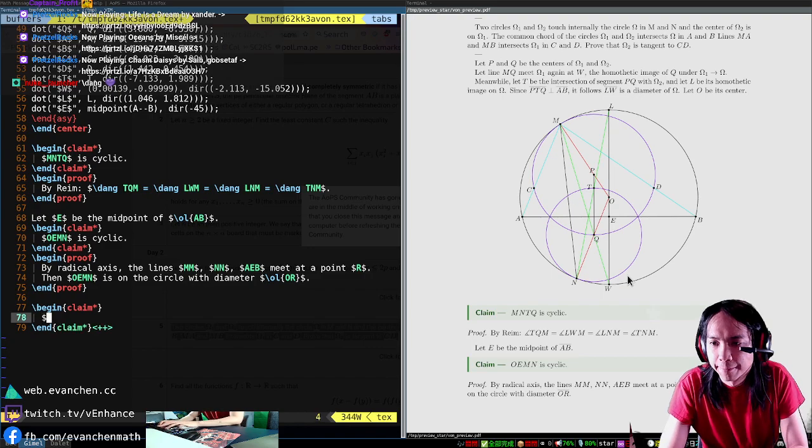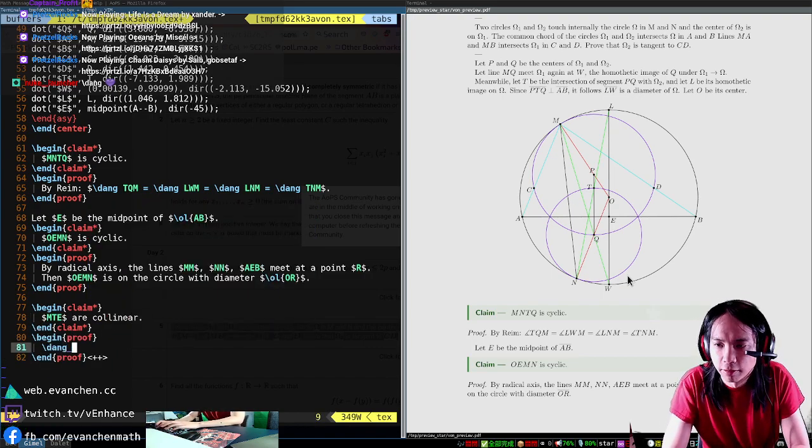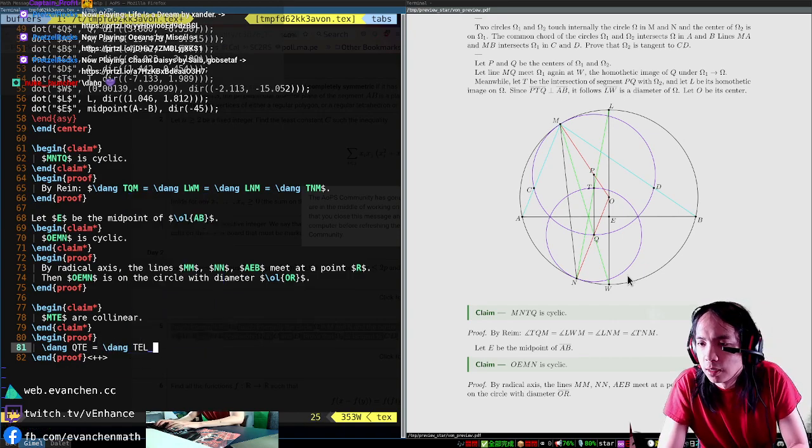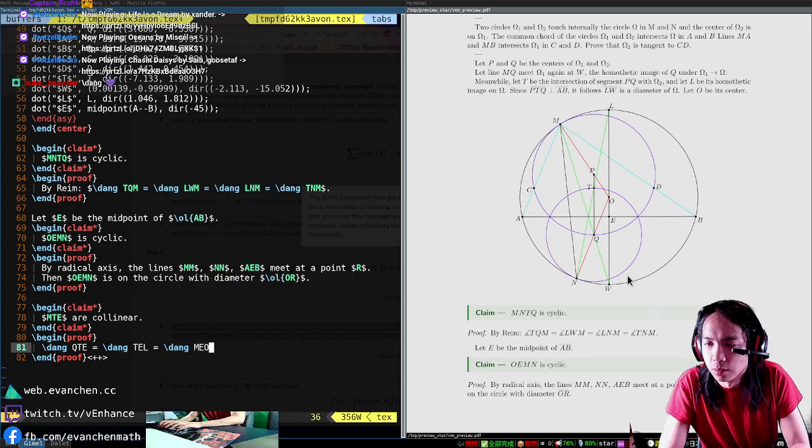Claim: MT are collinear, because directed angle QTE is equal to directed angle TEL, directed angle TENEO. Wait.